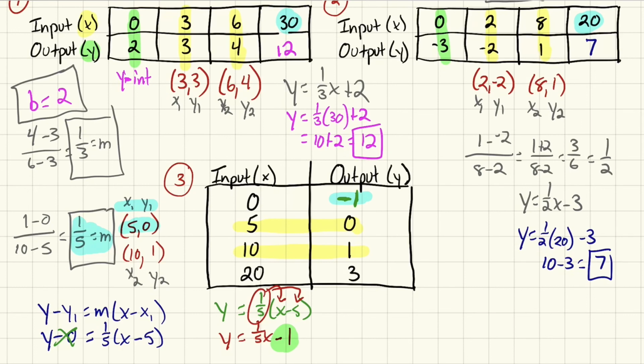Essentially, it's the exact same stuff over and over again from chapter 6. You're just seeing it in a new way. So, hopefully, these 3 examples have helped you see what you need to do, how you can get your points and calculate slope, how to look at different problems, and go and create your equations.